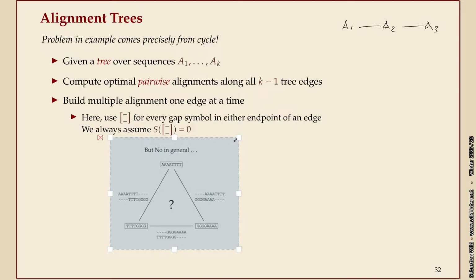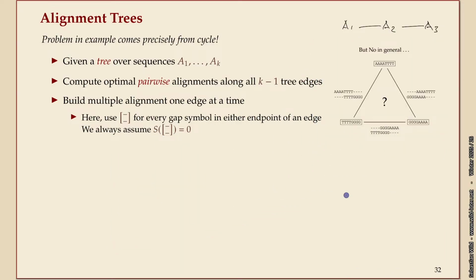So we have to decide on an order. Instead of going all the 3 edges, let's delete arbitrarily one of them, say this one. Then whatever order we pick, say we first take these 2.